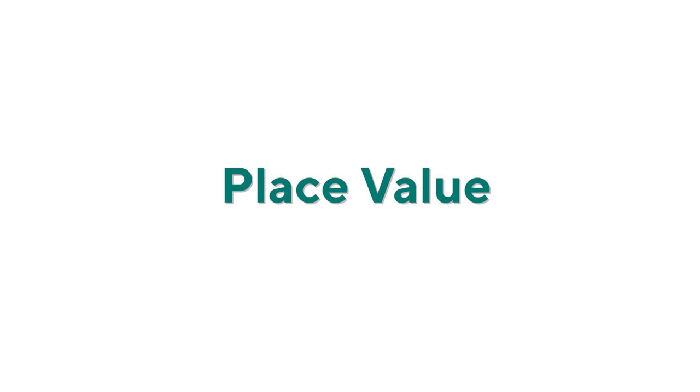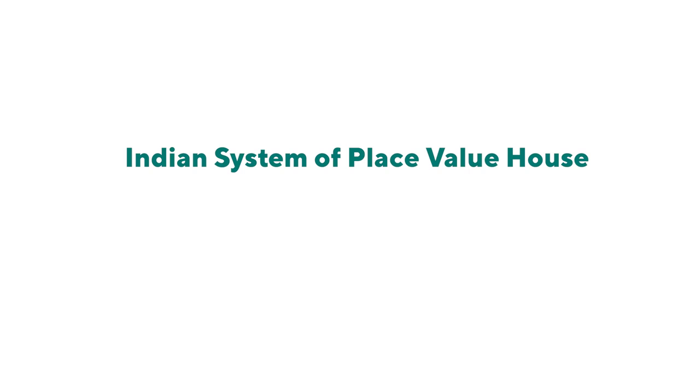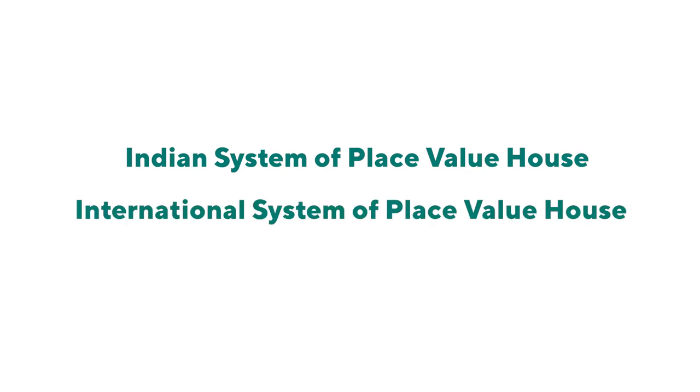We all know that to read a number, we need to know the place value of each digit. You've seen place value house in your earlier grades. We can read a number using two systems, the Indian system and the international system. This is how the Indian system place value house looks like.